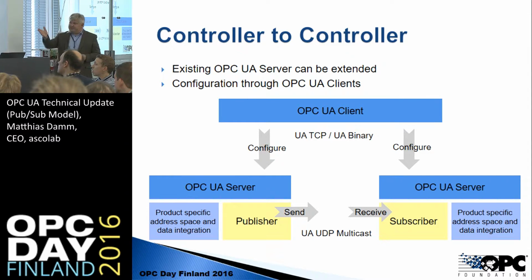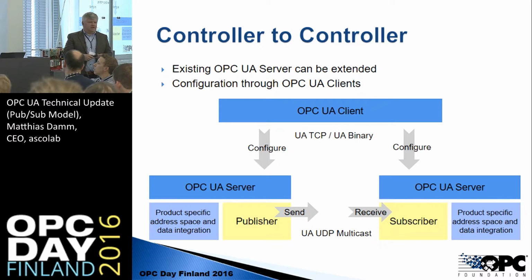One example of one of our most important use cases is controller-controller communication. The idea is that we have a standard configuration model, so you can go into one device from any standard configuration client, set up a data set you want to publish, and set up the publisher settings like cycle time, frequency, and address, or the multicast address.